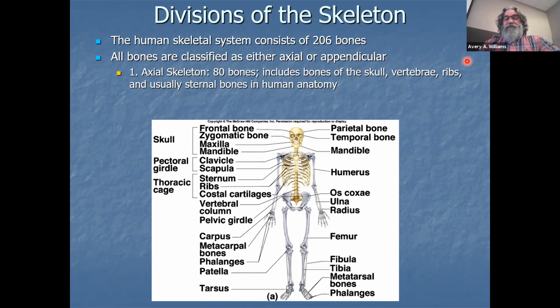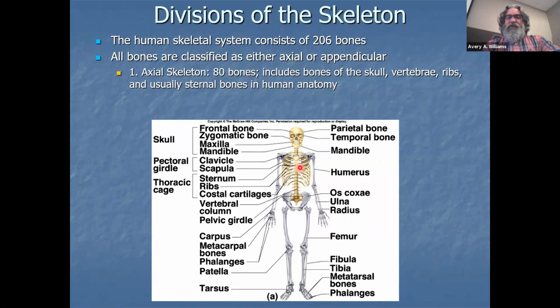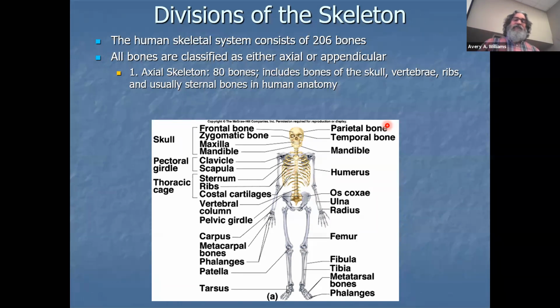But in other courses, we group bones a little bit differently. And in one course in particular, when I talk about the evolution of the skeleton, the sternum and the sternal bones, there's two camps of thought, two schools of thought. It's axial or appendicular.